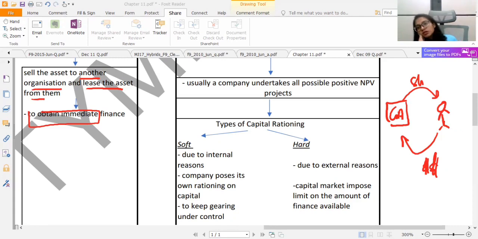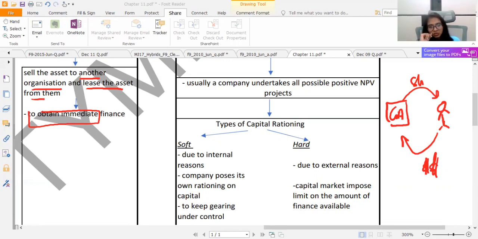Why? Because mutually exclusive means as a result of taking on one project, you are unable to carry out the other project. As such, you need to choose which project you want, and the project that you choose must be the most profitable project. You let go the one that is less profitable.